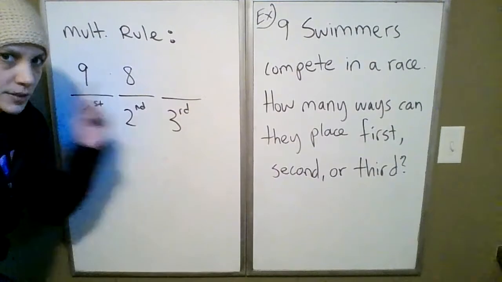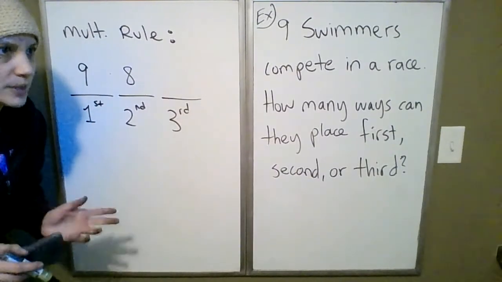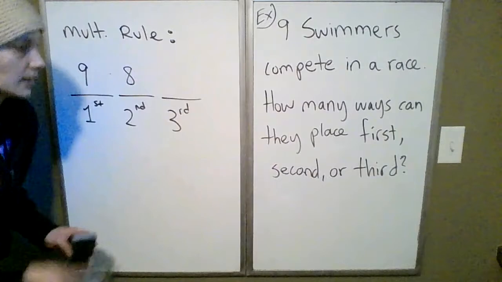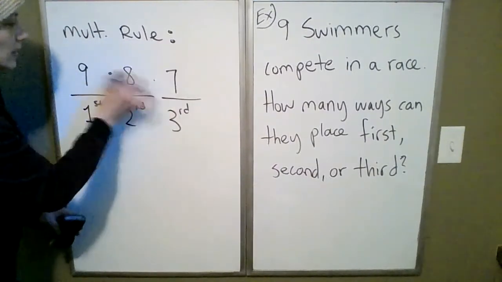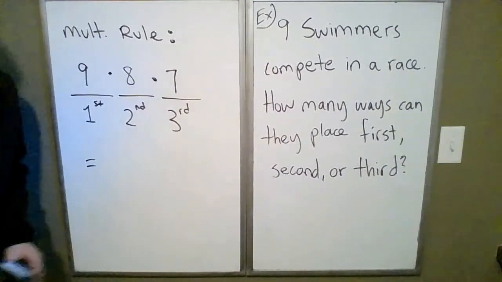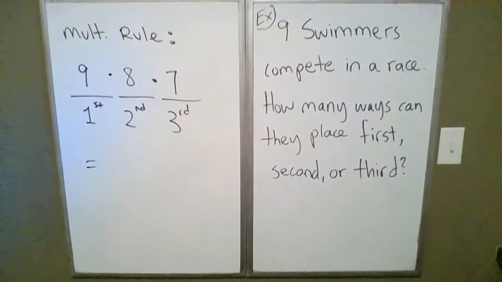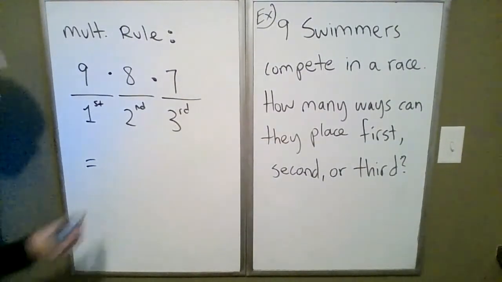Now that first place person's removed, there's a second place person out of the group, and there are 7 people left to pick from for third place. And then 9 times 8 times 7 is 504.